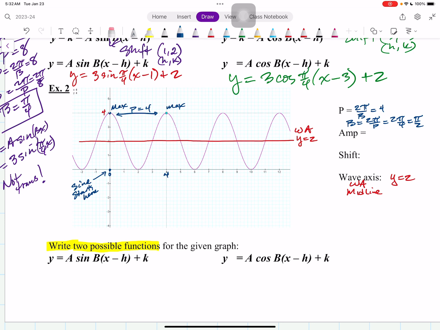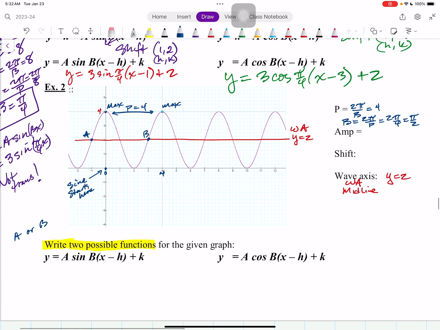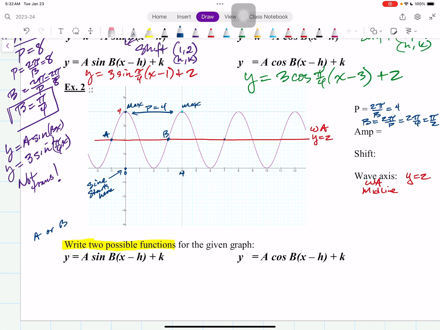There's a couple possibilities. You could start here at point A, because it goes up and then back down, or you could start at B, or you can start at C, or you can start at D actually. So either one of these 4 points, A, B, C, D, you've got to pick one.